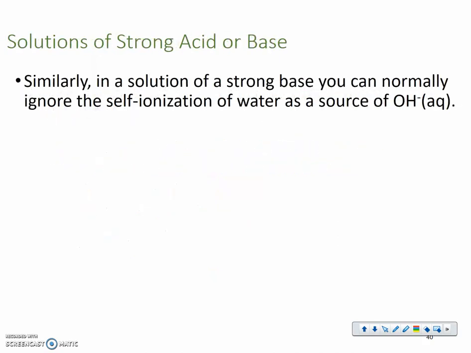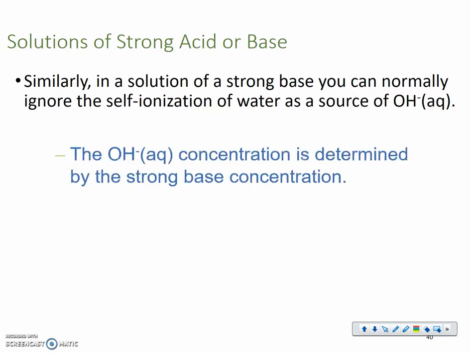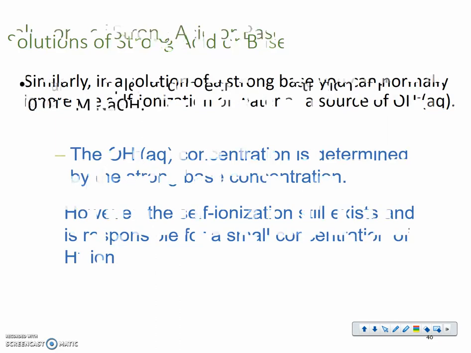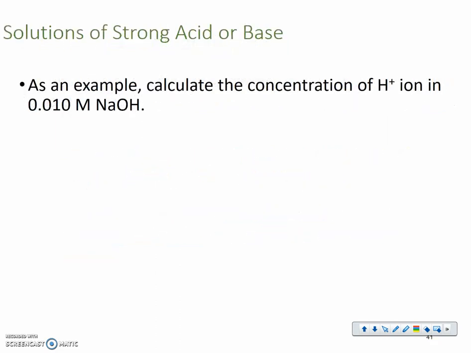If you have a strong base solution, then it's going to contribute the amount of OH, so you can ignore the extra OH from the water because it's so small compared to the strong base. The concentration is just determined by the base, and there is a small amount of H from your water, but again, it's so small in comparison. So calculate the concentration of H plus if we have a 0.010 molar NaOH solution.